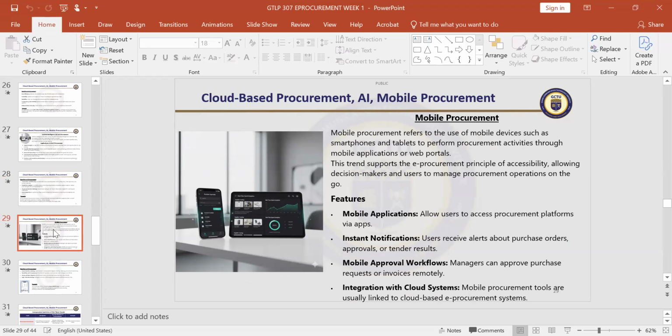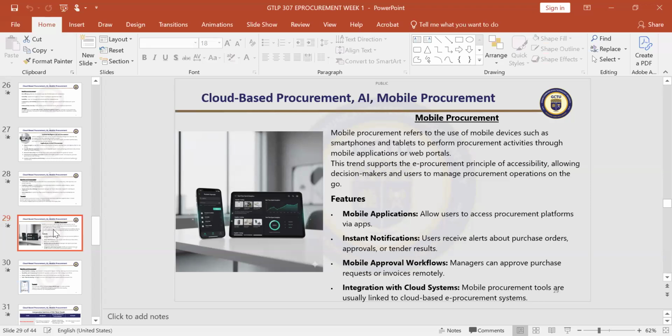Okay, thank you. Then we come to mobile procurement. Mobile procurement refers to the use of mobile devices such as smartphones and tablets to perform procurement activities through mobile applications or web portals. This trend supports the e-procurement principles of accessibility, allowing decision makers and users to manage procurement operations on the go.